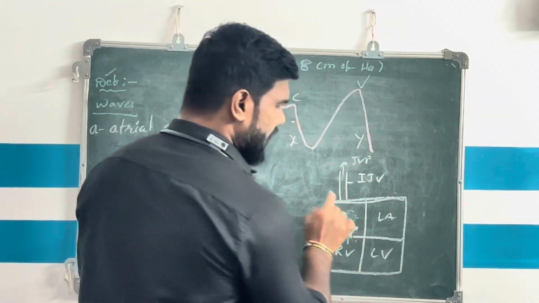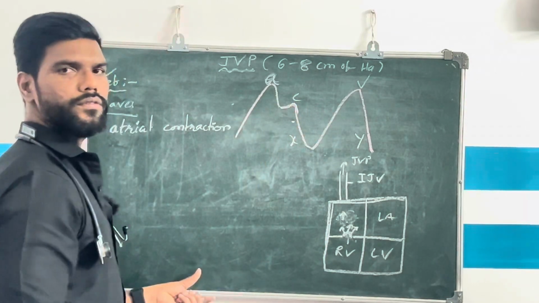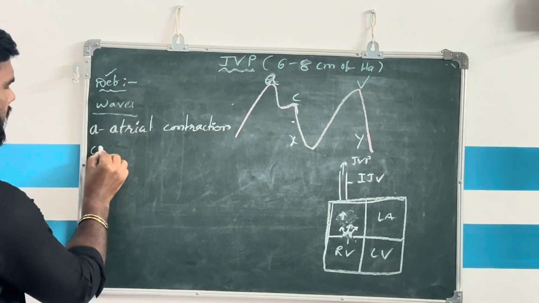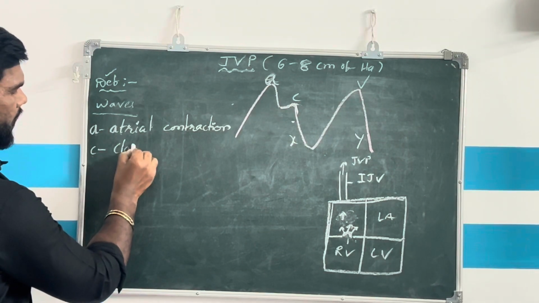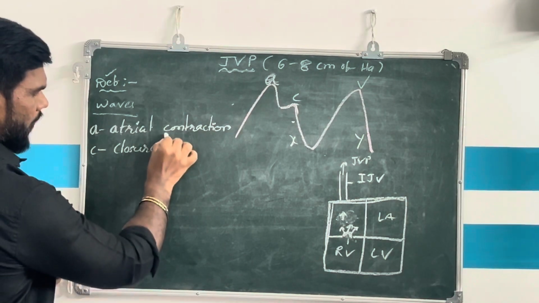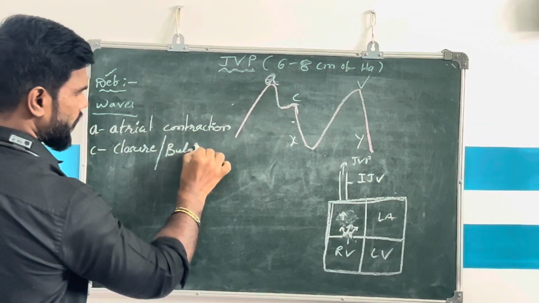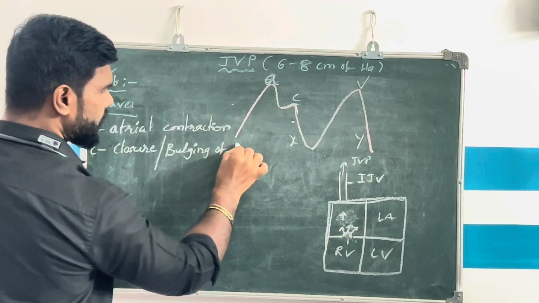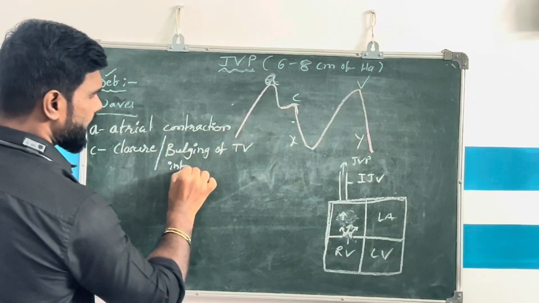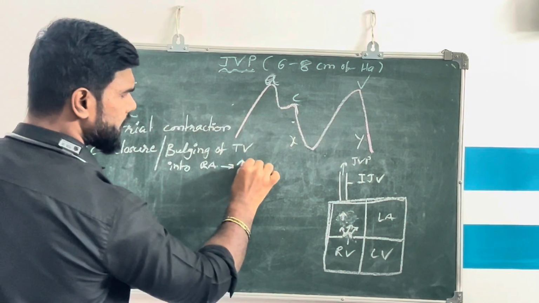This bulging of the tricuspid valve into the right atria produces a small positive wave. That is called the C wave. C wave means closure or bulging of the tricuspid valve into the right atria, producing a little bit of rise of pressure.